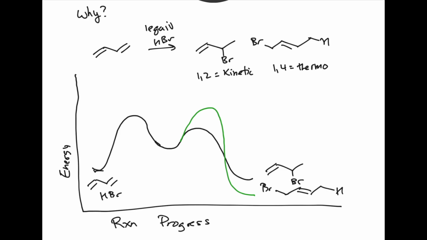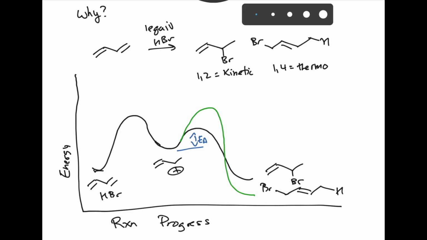So the intermediate that both of our products share is going to be our allylic carbocation. The path to the kinetic product, the black path, has a lower activation energy. It is easier to go from the intermediate and get over that activation barrier than it is to get over the green one, because the green one's much higher.